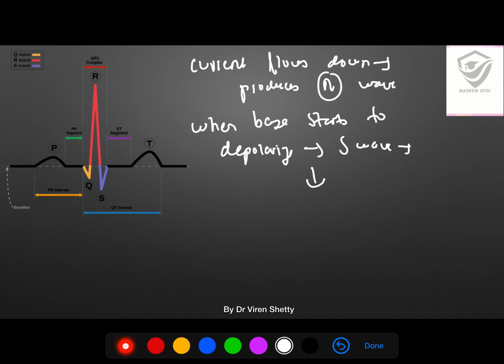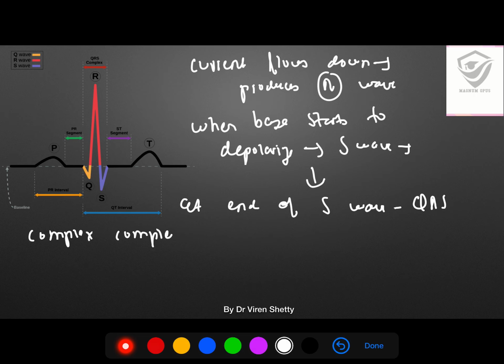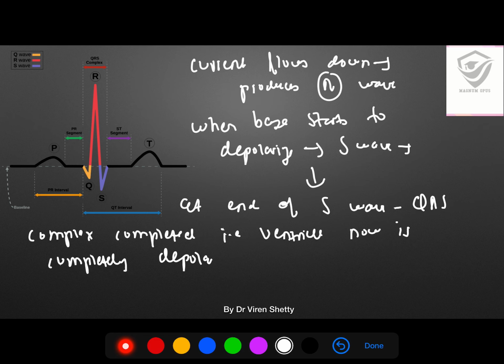Okay. Now MCQs will come. At the end of the S wave, the QRS complex is completed. That is, the ventricle is now completely depolarized.